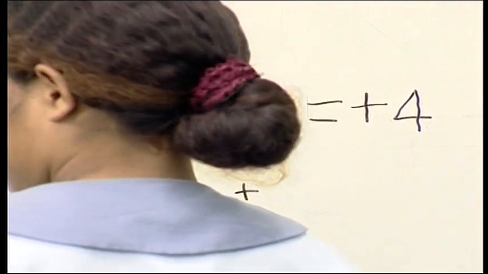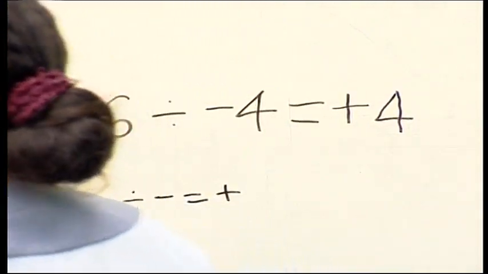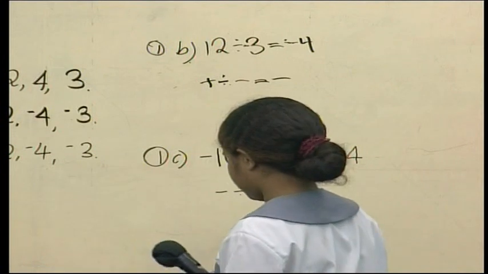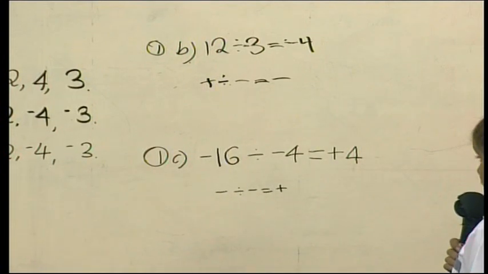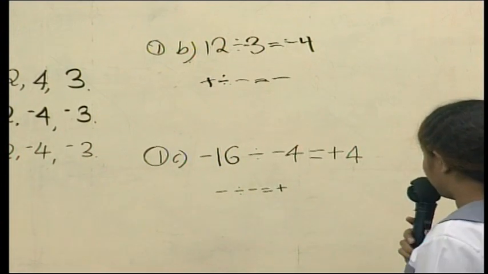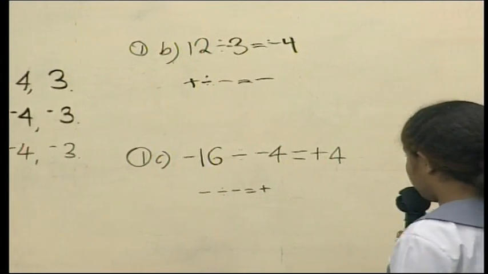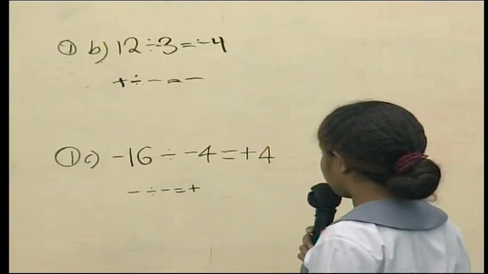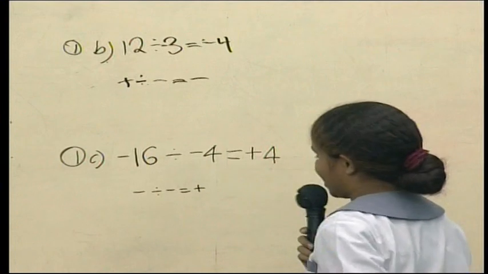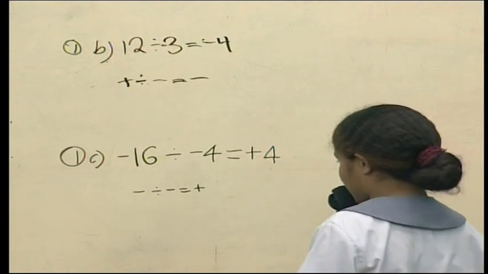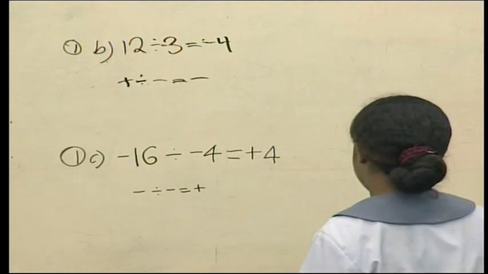Okay, quickly, Teresa, go through your solutions to your working out. Negative 16 divided into negative 4 is positive 4. How I got my answer, the rule says negative divide into negative is positive.